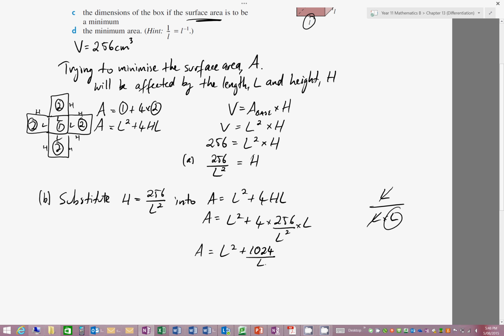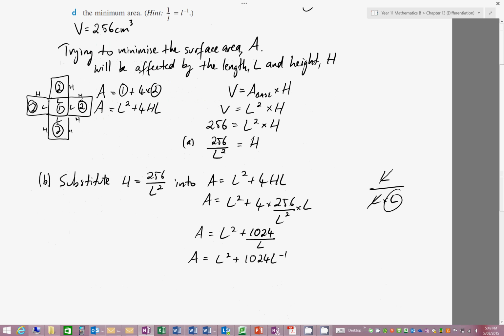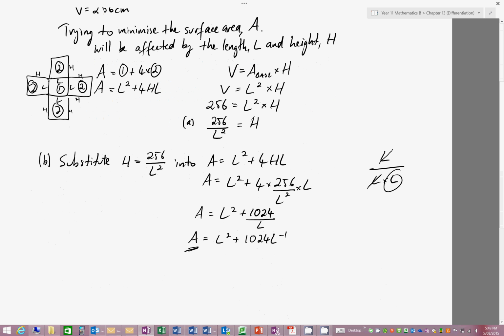So 1024 on L. I know I'm going to be differentiating it, so I'll write this as 1024 L to the minus 1. Okay, so part B is done. Here's the surface area A as a function of L only.